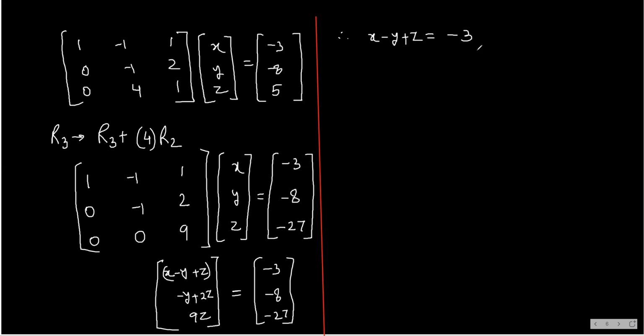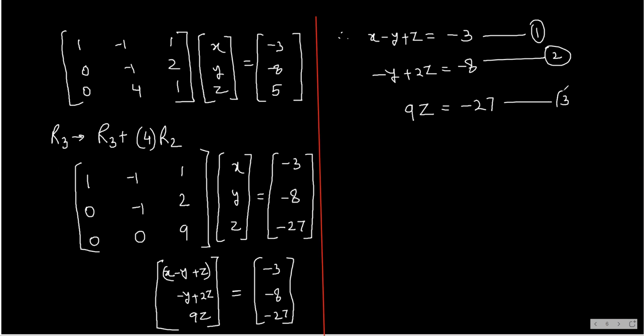So x minus y plus z is -3. This is equation number 1. Then minus y plus 2z is -8. This is equation number 2. And 9z equals -27. This is equation number 3.